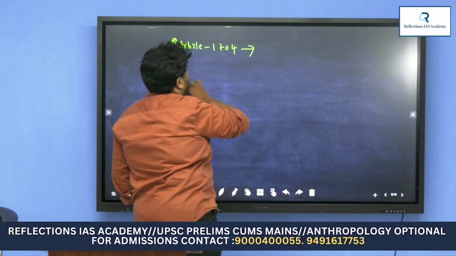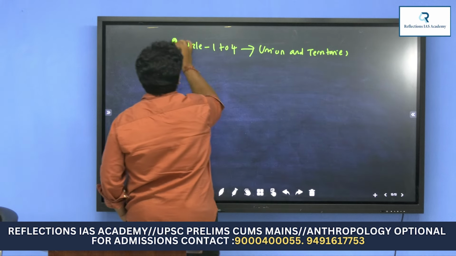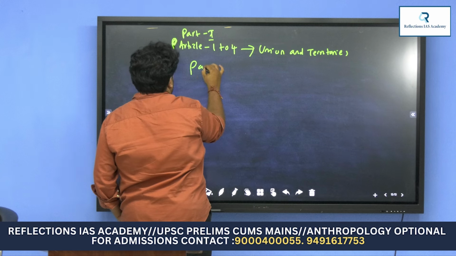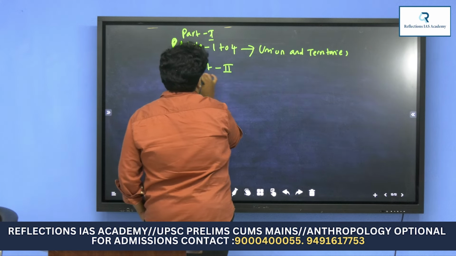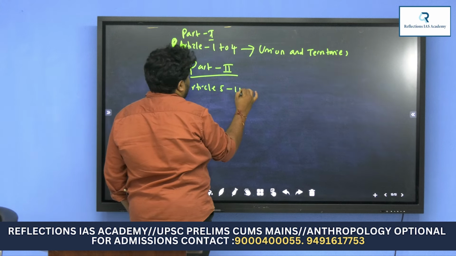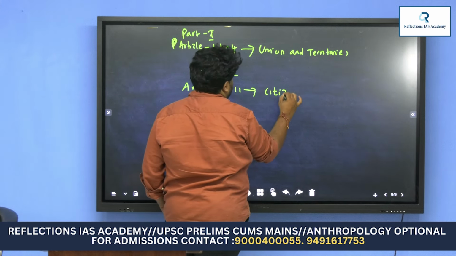It talks about the Union of India, Union and territories. This is part 1 of the Indian Constitution. And part 2 comprises Article 5 to 11, which talks about citizenship.